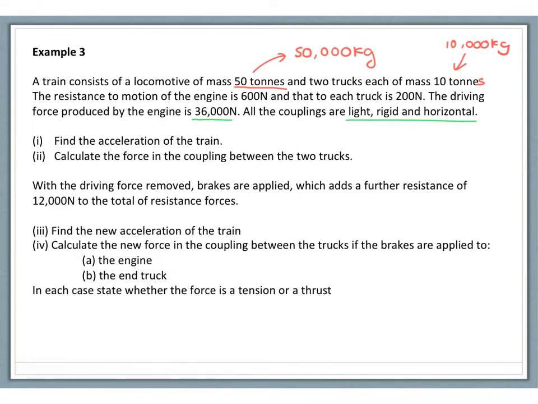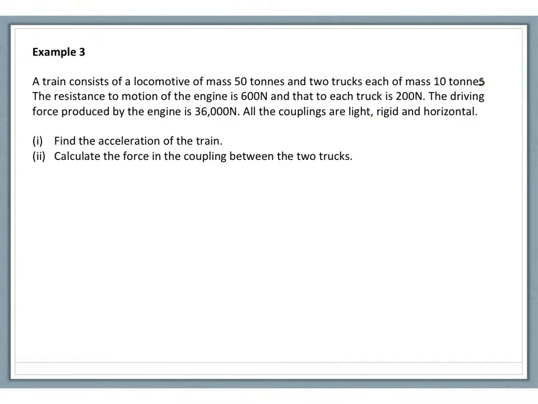So we're going to carry out a series of calculations here. We will split this up into several stages, but the first thing we must do is draw a clear force diagram to represent this information. So we're going to start off by drawing a clear force diagram.